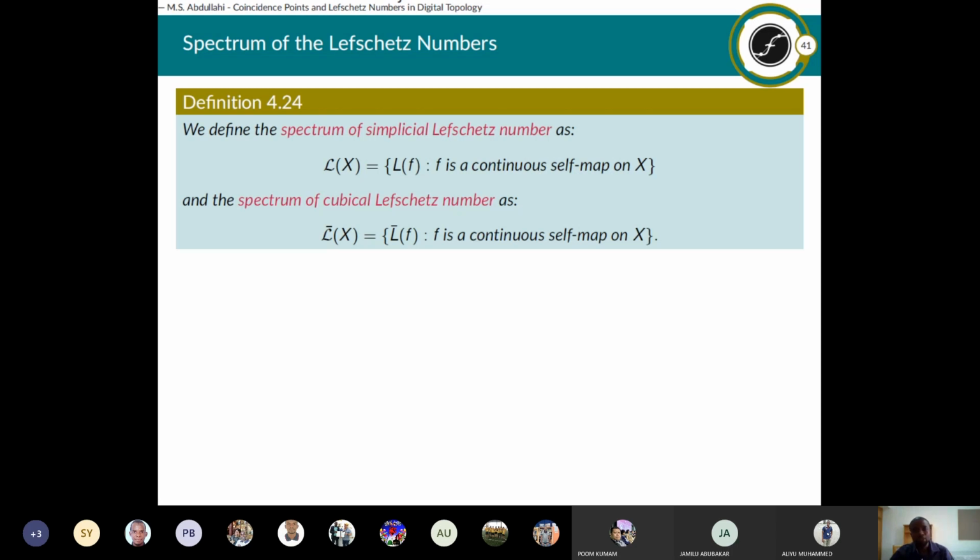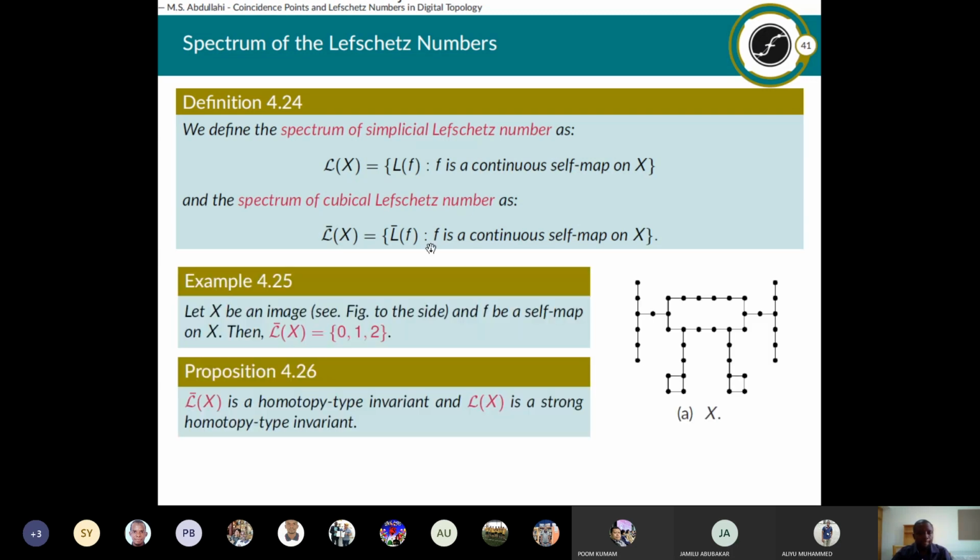Now we define what we call the spectrum of Lefschetz numbers, and this spectrum collects all the possible Lefschetz numbers of functions on the digital image X. Similarly for the cubical one, which we call the spectrum of cubical Lefschetz numbers, or simply the cubical Lefschetz number spectrum. For example, the spectrum of cubical Lefschetz numbers of this map is going to be 0, 1, or 2.